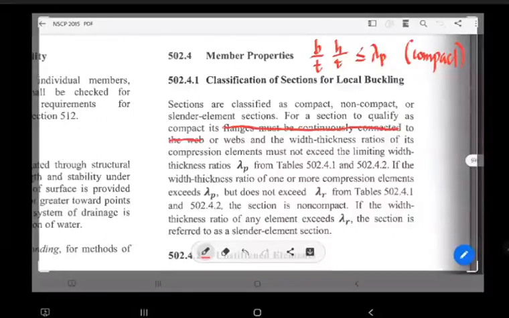Okay? If the width to thickness ratio of one or more compression members, that would be b over t, exceeds lambda p, is greater than lambda p but does not exceed lambda r, then it is non-compact.